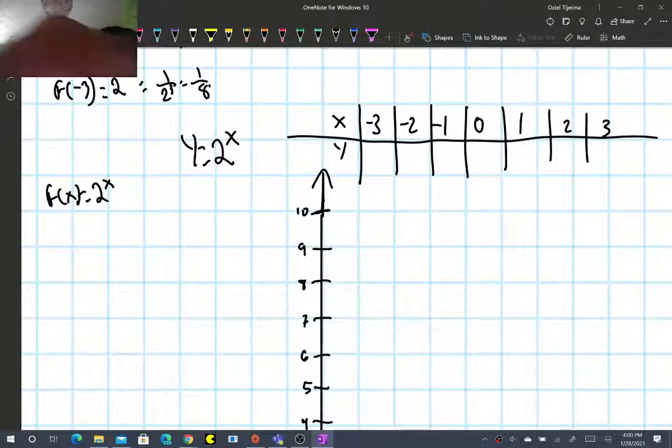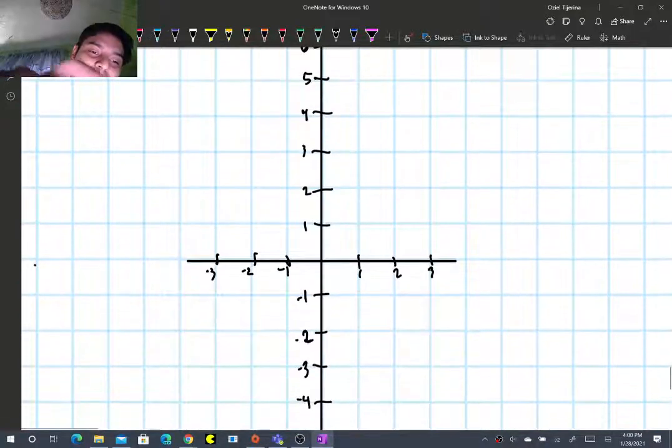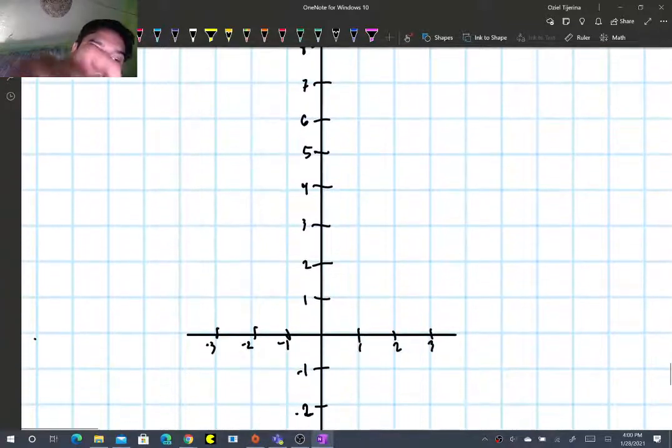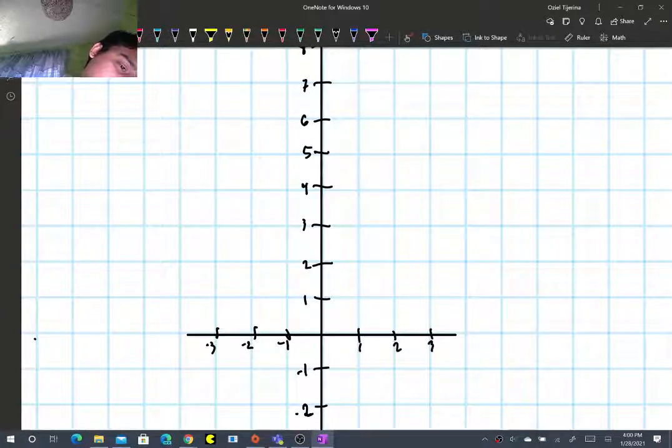That's 1/8. So when I have -3, I'm gonna go an eighth of 1. So basically 1, 2, 3, 4, 5, 6, 7, 8. So it's gonna be about right here.